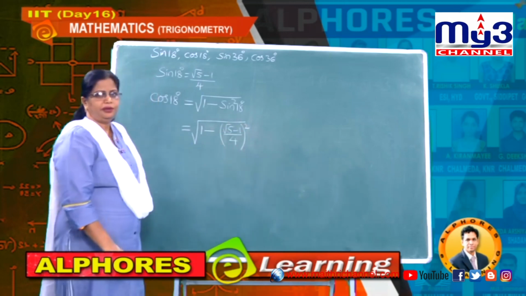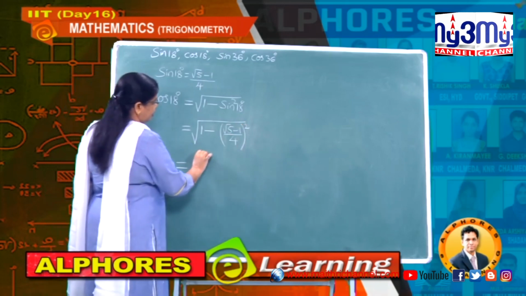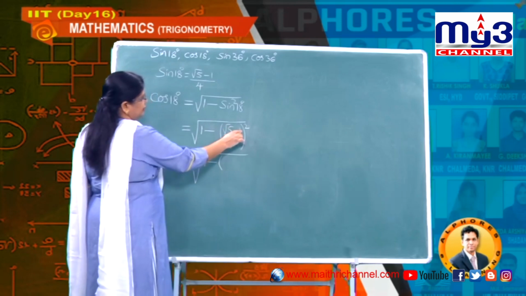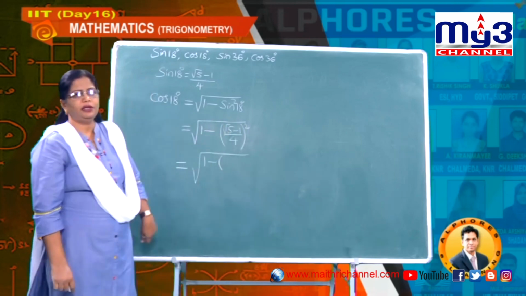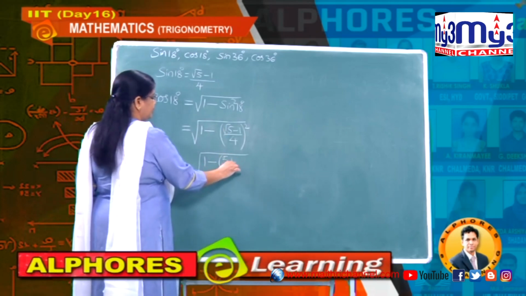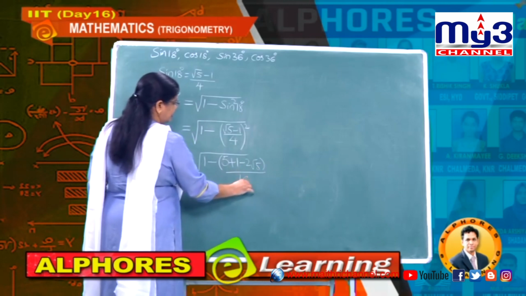If you substitute this value, it is equal to the square root of 1 minus, expanding the whole square in numerator as well as in denominator, 5 plus 1 minus 2 root 5, divided by denominator 16.